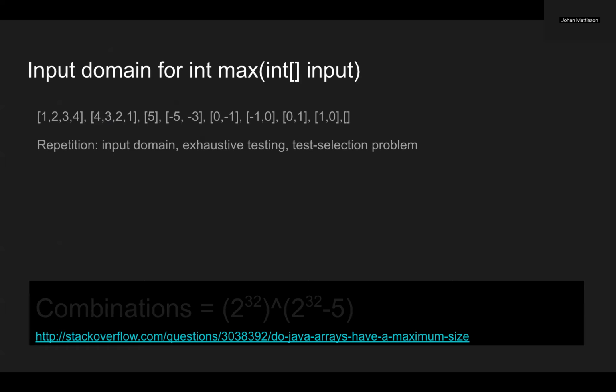So we need to select our testing, and that's what we did. I had a few tests for the max function. You saw the difference between them. There was one duplicate, but otherwise there were tests for if the maximum value was at the beginning, at the end, in the middle, if we had negative values, and stuff like that.